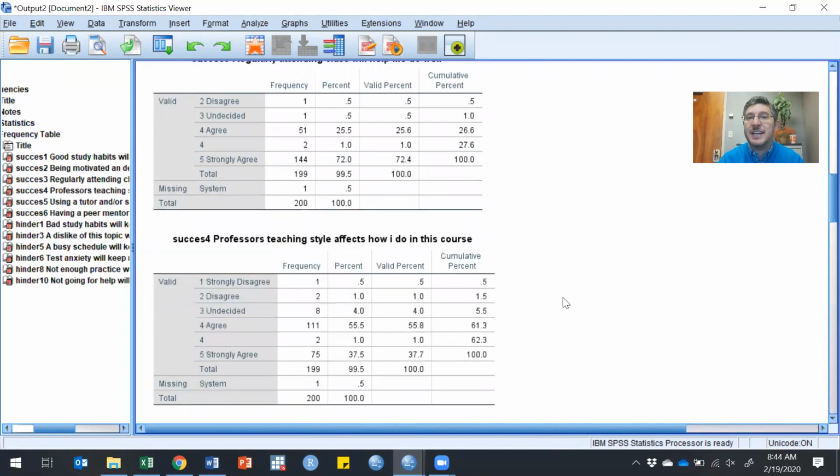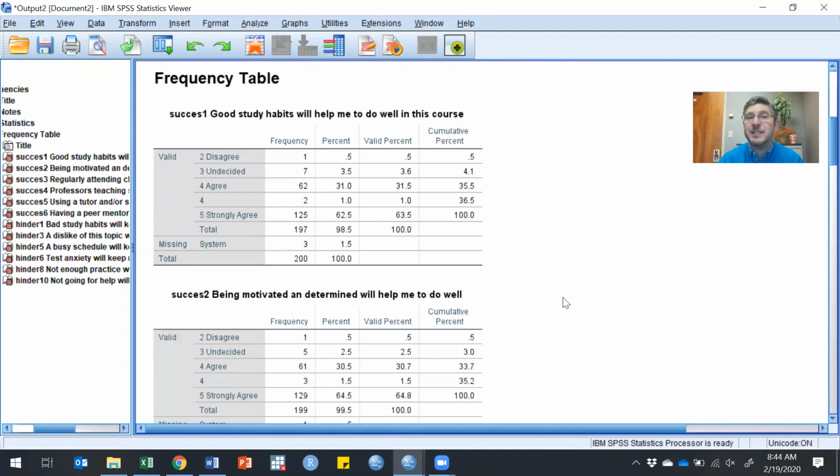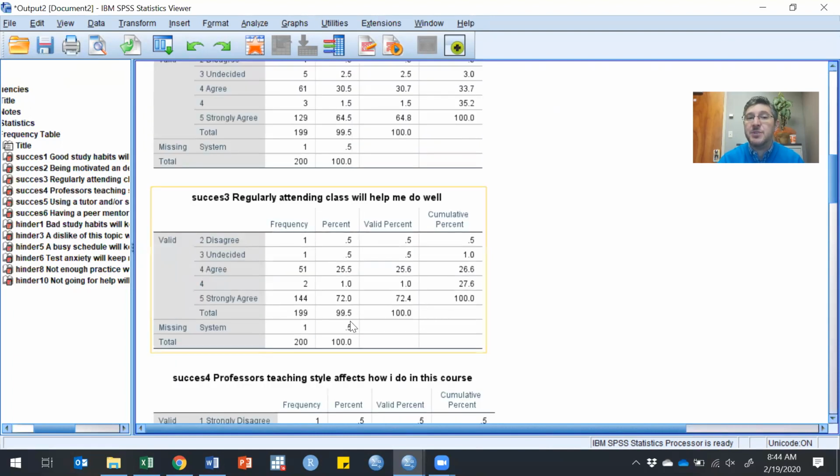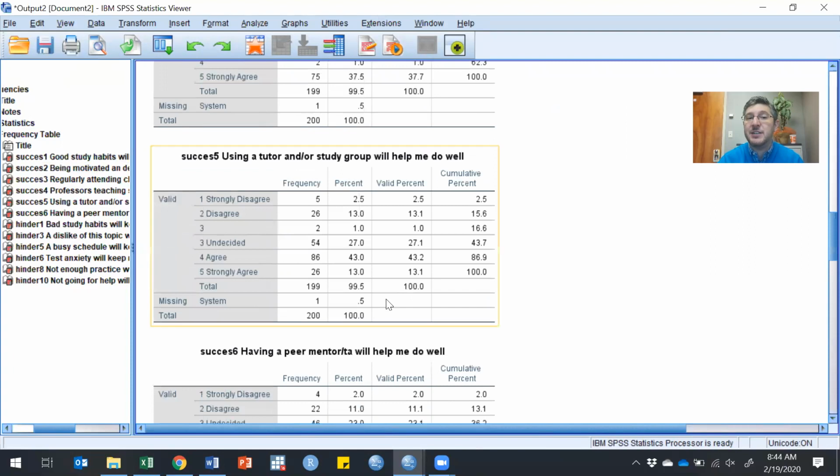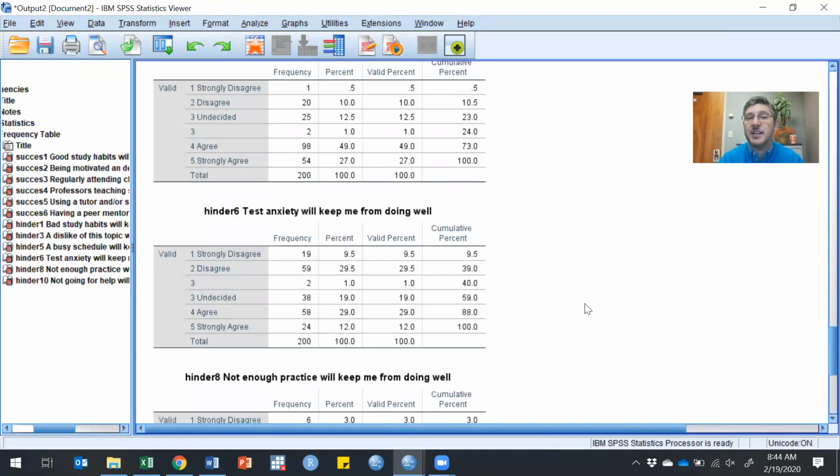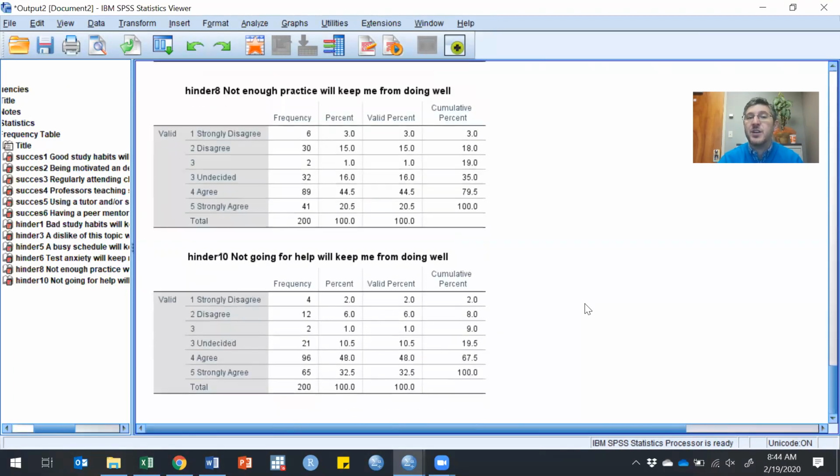We also get an idea here of how much missing data there is. You can see item 1, 3 people are missing on it. Item 2, 1 person is missing, 1 person's missing. So you can get an idea of what's going on there.